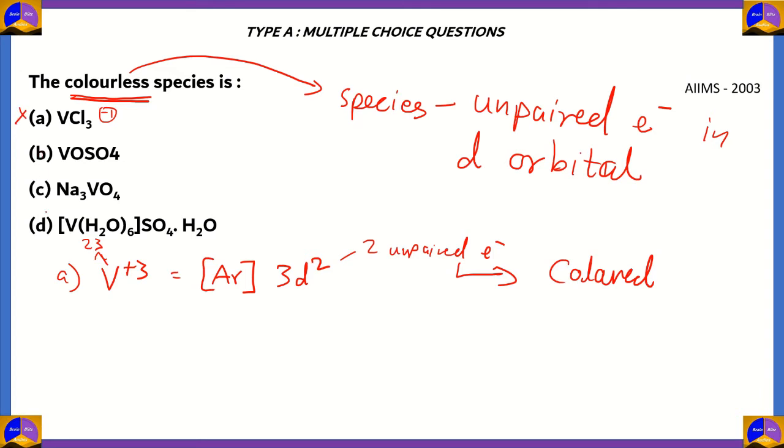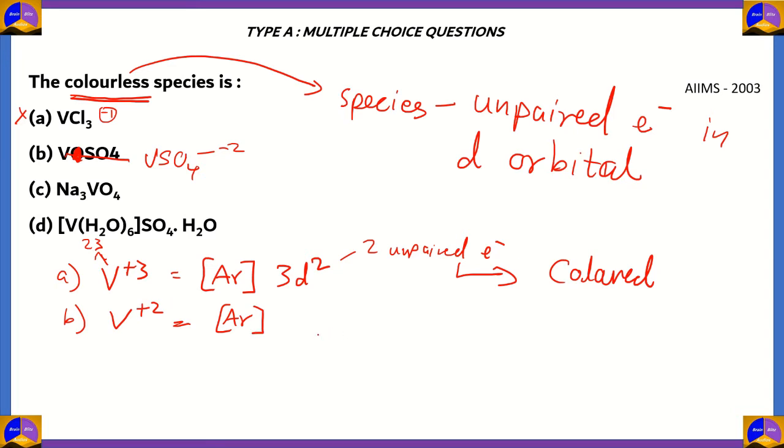What about option B? It's actually VSO4, but because of a typing error, it became VOSO4. So option B, VSO4. SO4 already has a -2 charge. So therefore, the charge on vanadium here is +2.